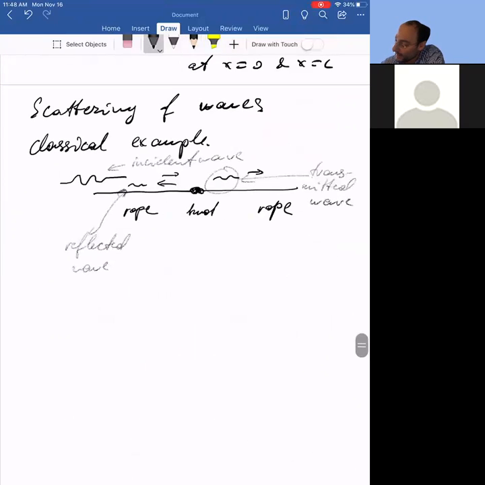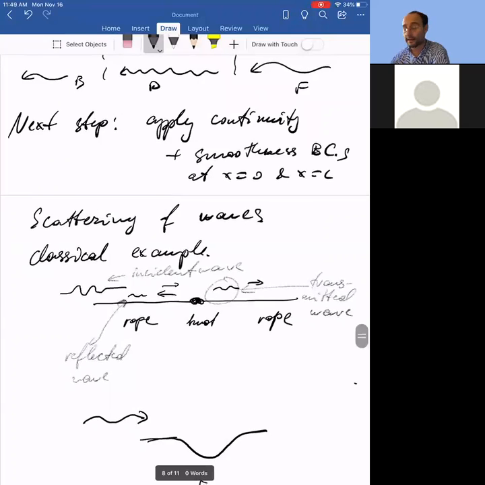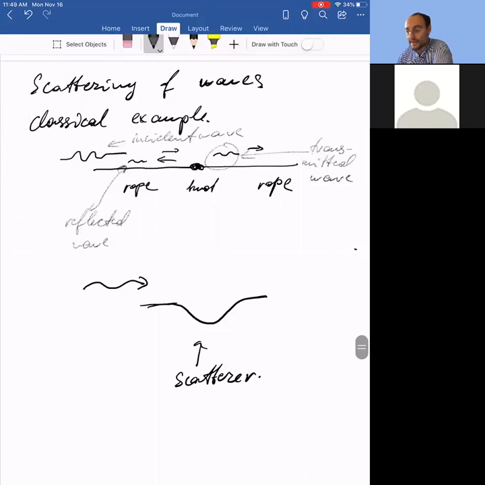So in quantum mechanics, let's go back to some general situation. This is some kind of a scatterer. I want to go back to the big picture. Let's say you're sending in an incoming wave. We're dealing with waves. Waves scatter from any kind of irregularities. In this case, it's off of a knot. This is an irregularity, right?